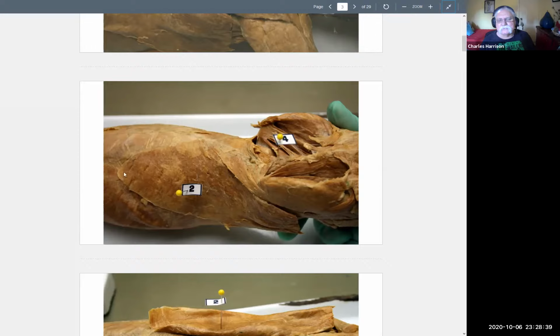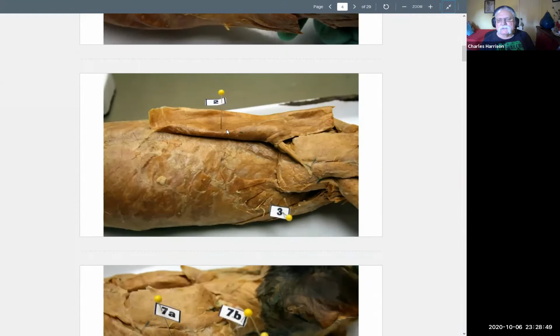Number 2, latissimus dorsi on the calf. And the vent-like looking muscles are the rhomboides. Number 2 has been pushed aside now. And number 3 is showing. It's a nice set of serratus anterior.